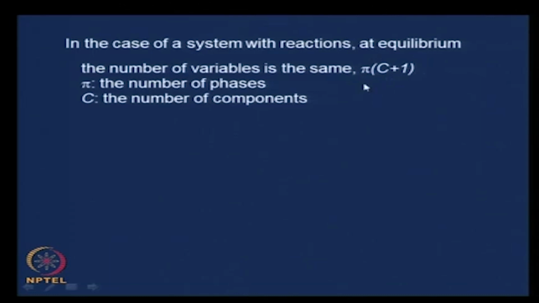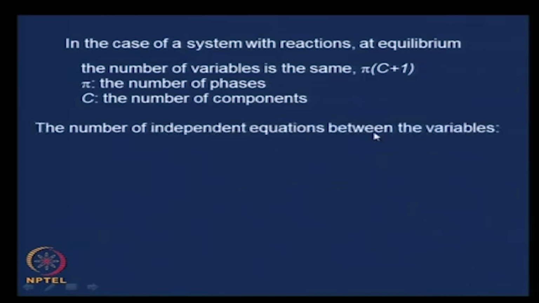There are no additional variables. As mentioned earlier, pi is the number of phases and C is the number of components, and the number of independent equations between the variables is, first, pi minus 1 equalities of temperature. Recall that T alpha equals T beta and so on.